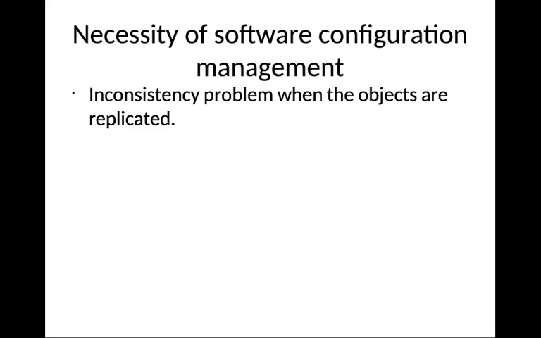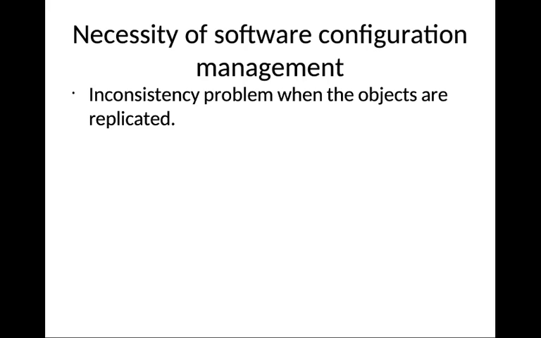If a developer makes changes to his local copy of the software, that source code will be used by many developers. If a particular developer takes that copy of the software and makes some changes, then he should immediately intimate the changes he has made to the other developers.